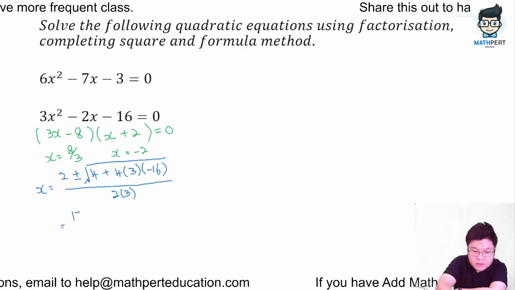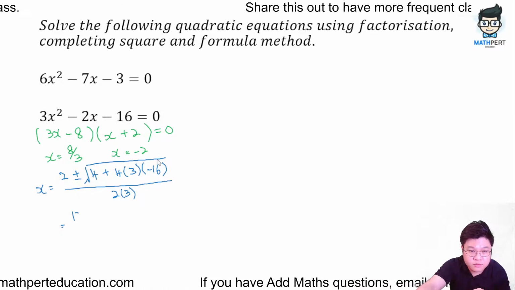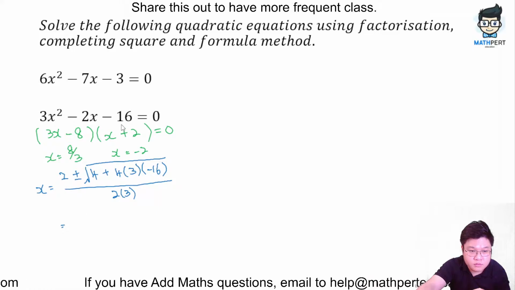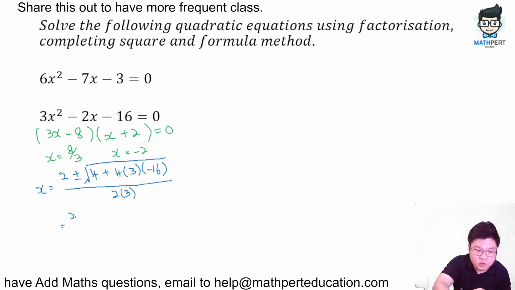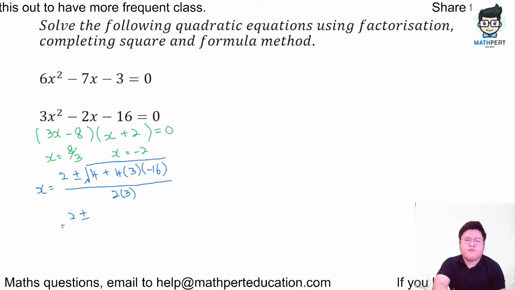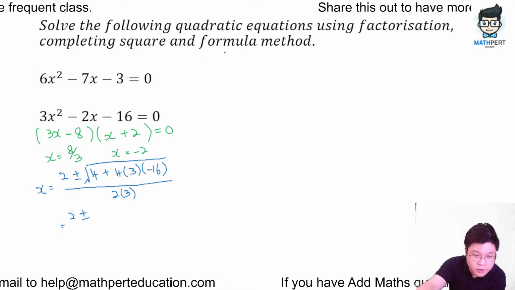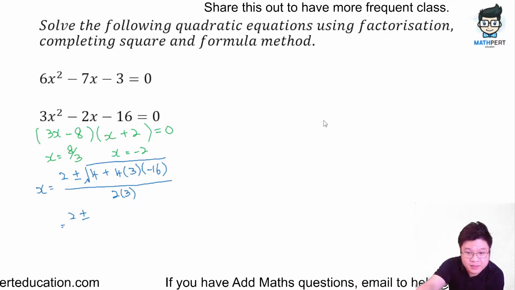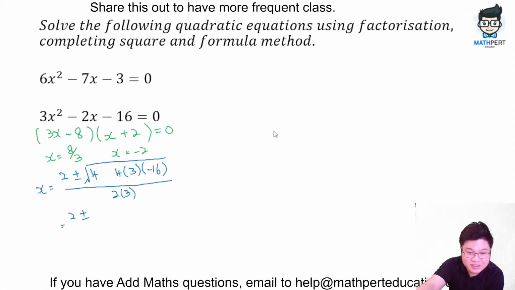This is not 12, this should be 2. So 2 plus minus square root of b squared, 4 times 3, 12. Sorry, this is not plus, this is minus. Okay, b squared minus 4ac. Luckily I found this.